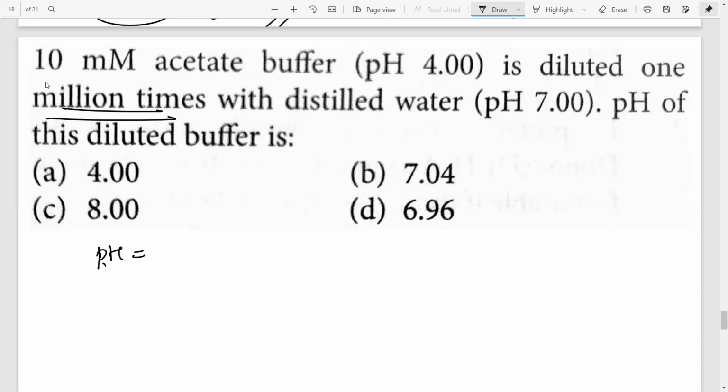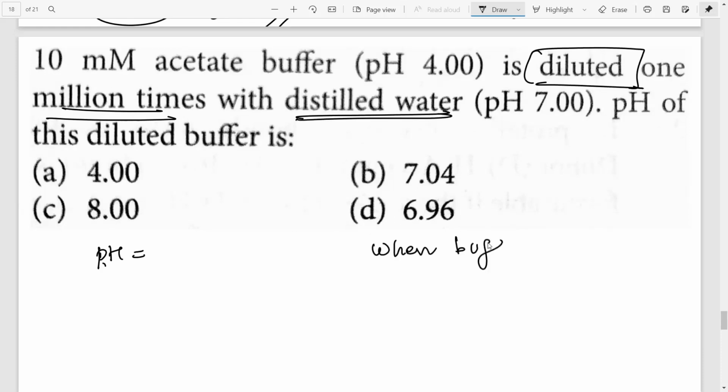What are they saying? 10 millimolar of acetate buffer is diluted with distilled water. Now what is the pH? One thing you have to remember: whenever a buffer is diluted, the Ka, that is the dissociation constant of acid, or for that matter the Kb, dissociation constant of a base if it is a basic buffer, are not changed at all.